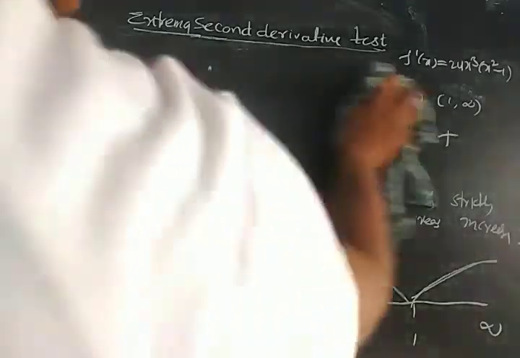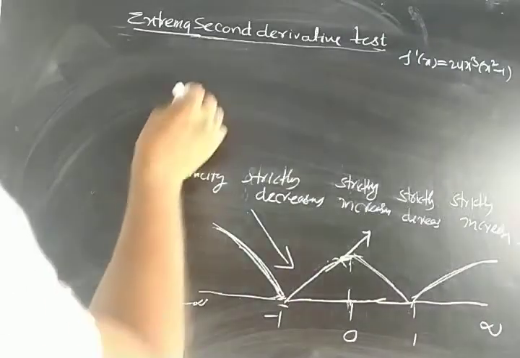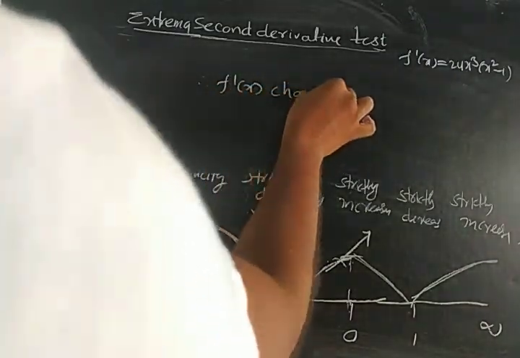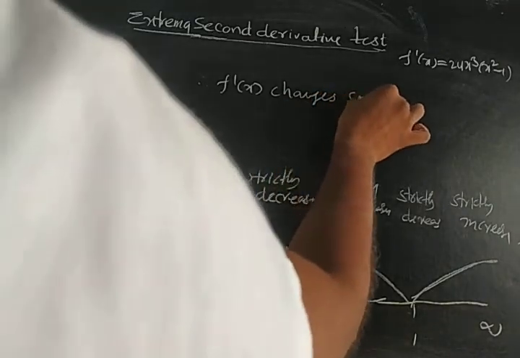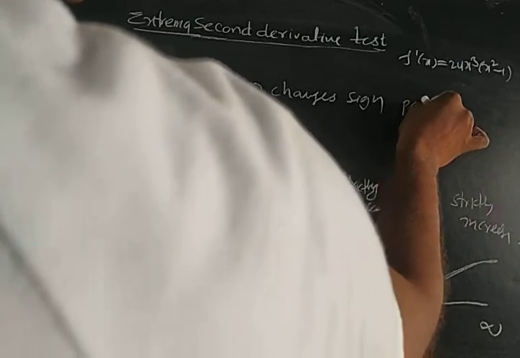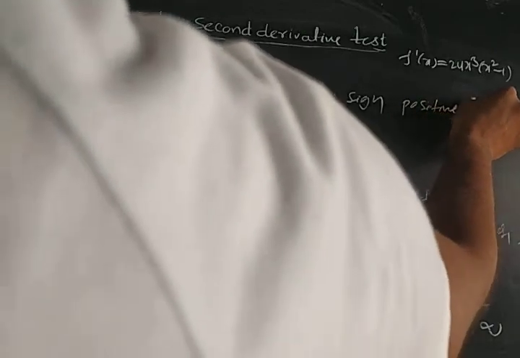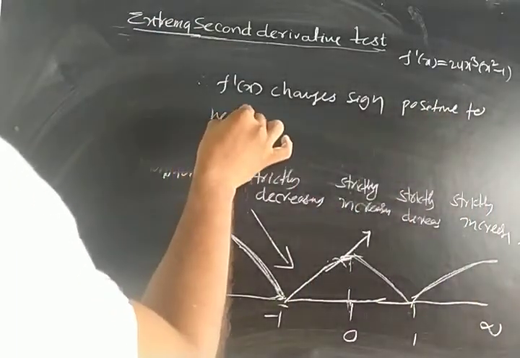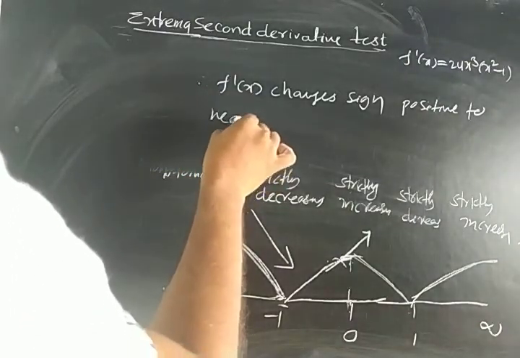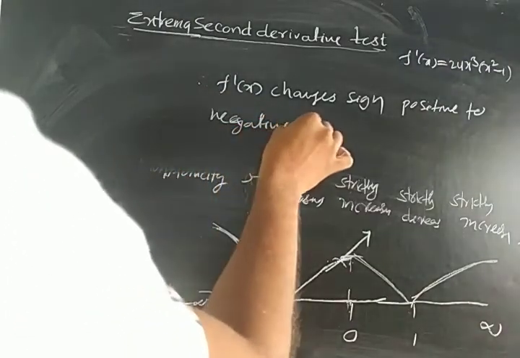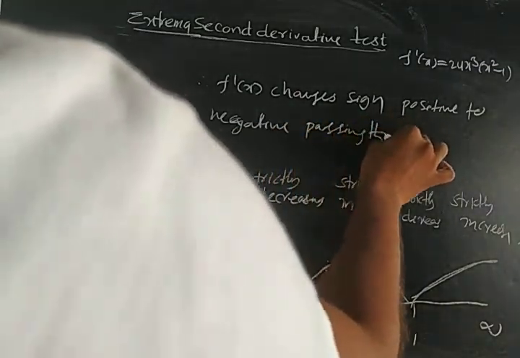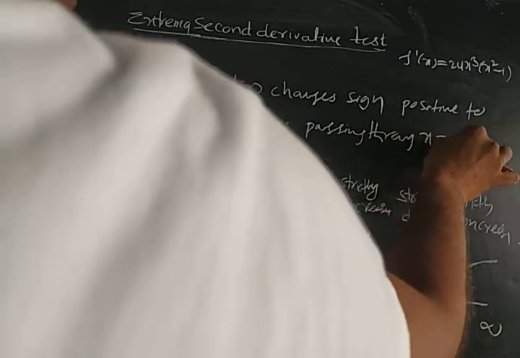From this we can observe that f dash of x changes sign from positive to negative while passing through x equal to 0.